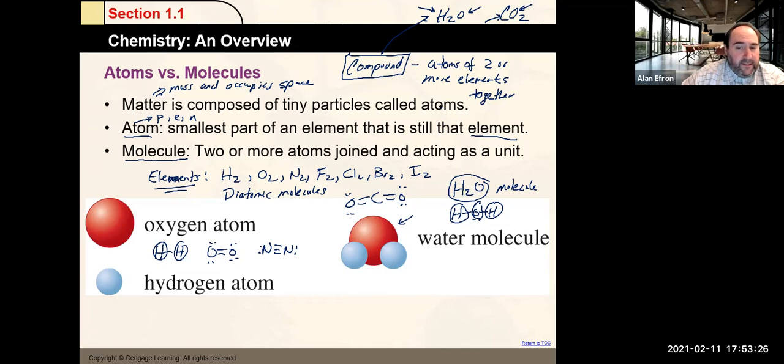Now, water and CO2 would not be considered an element because they are made up, obviously, of more than one type of element. So molecules can be elements, molecules can be compounds, but compounds cannot be elements, because the definition of a compound is you need to have 2 or more different elements involved. Any questions on that there?